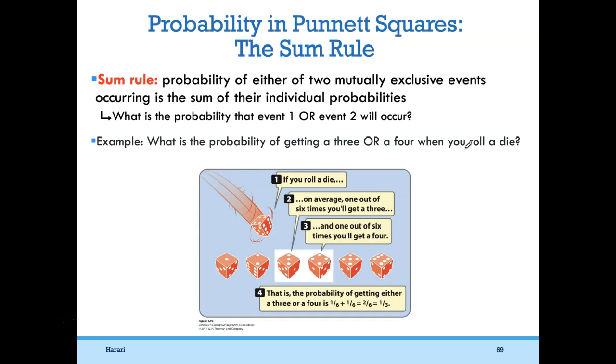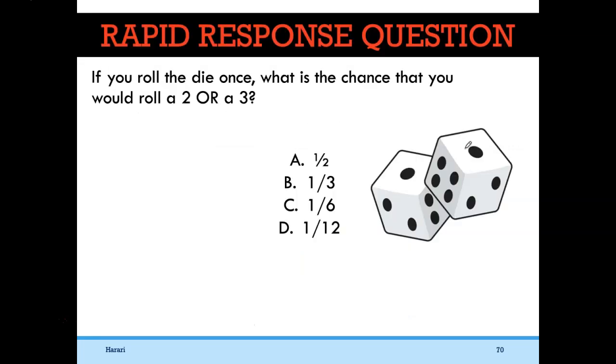So you would take 1/6 chance of getting a 3 plus 1/6 chance of getting a 4 equals 2/6, which is equal to 1/3 chance of rolling a 3 or a 4 when you roll the dice once. So pause here and answer this question. Just like we saw before, the answer would be B, 1/3.